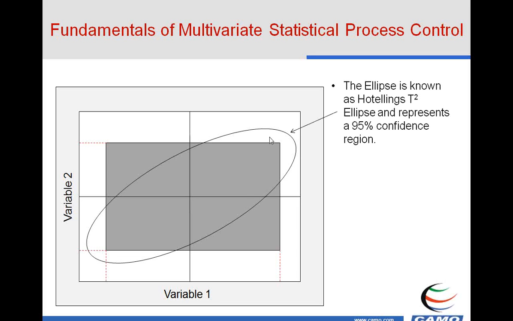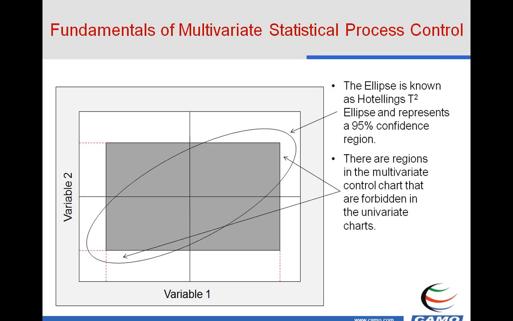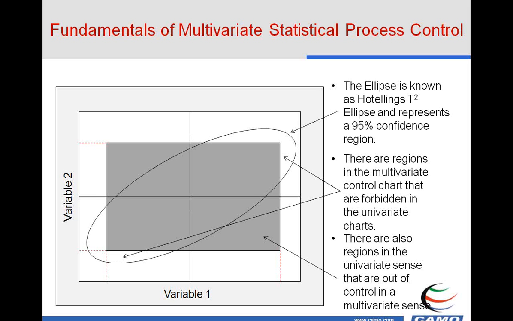So here we have plotted the ellipse, this ellipse, which is the Hotelling T2 ellipse, and which represents a 95% confidence region. What you can see is that it doesn't really cover the same area as the gray part. So there are regions that will be acceptable in multivariate analysis, but that will not be acceptable in univariate charts.